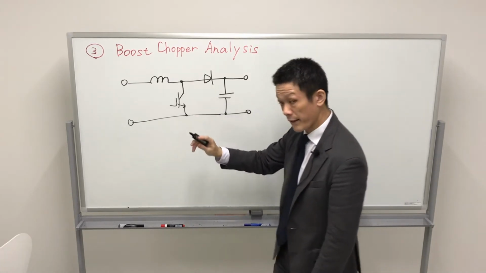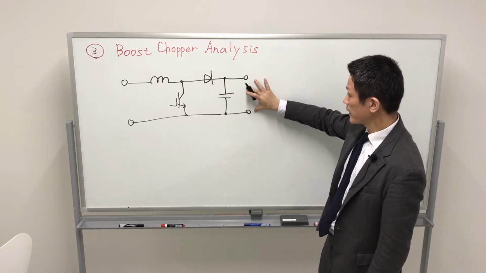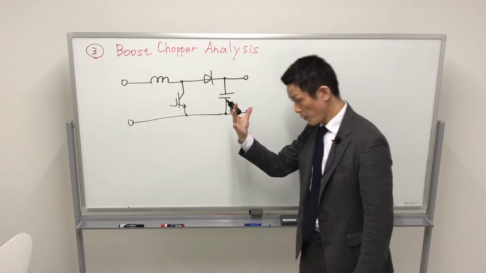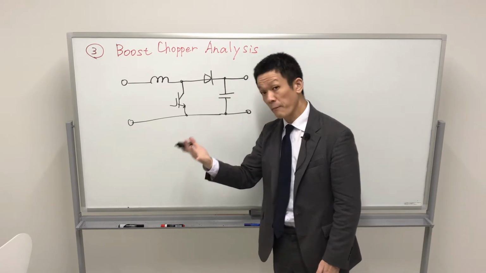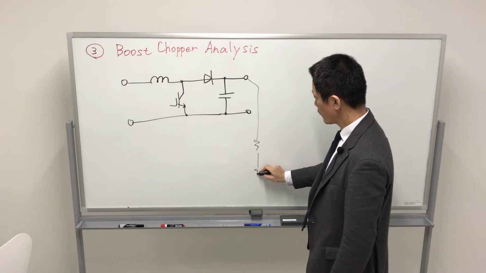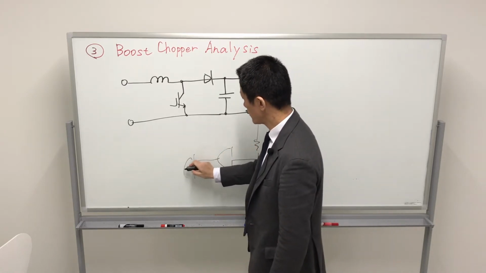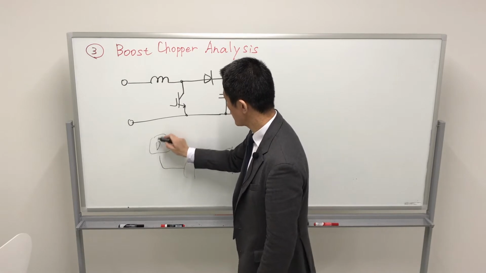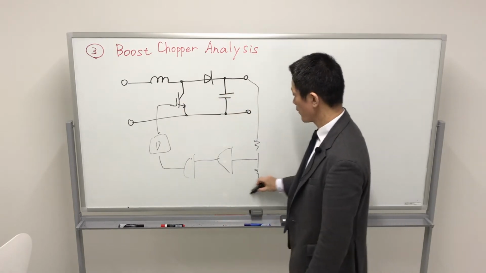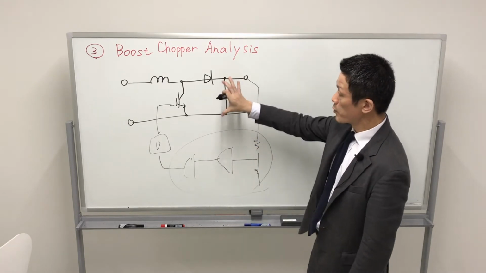This one is a power line, but to obtain the 48-volt constant, in the case of the mild hybrid electric vehicle, we require the control circuit. We have indicated the drive circuit, and here we require the control circuit for operating the boost chopper.